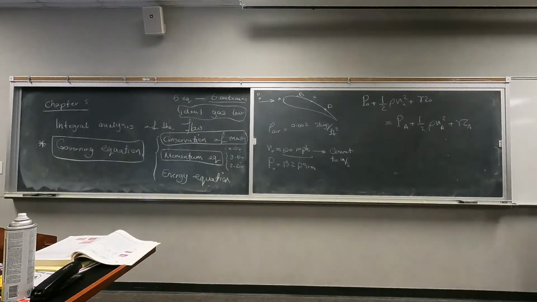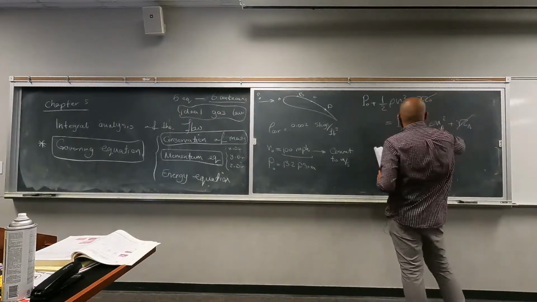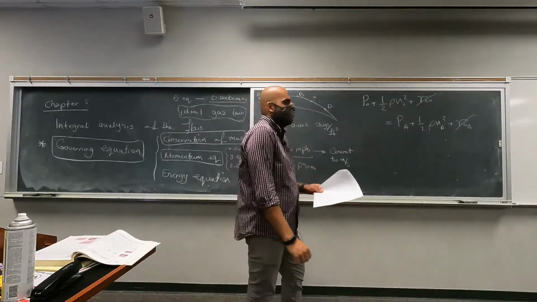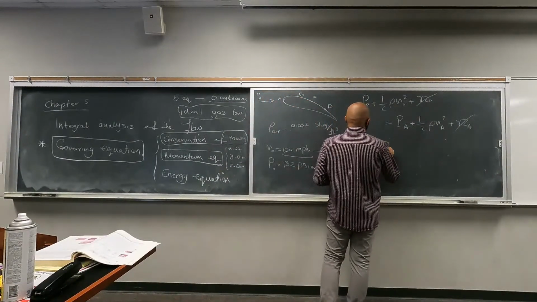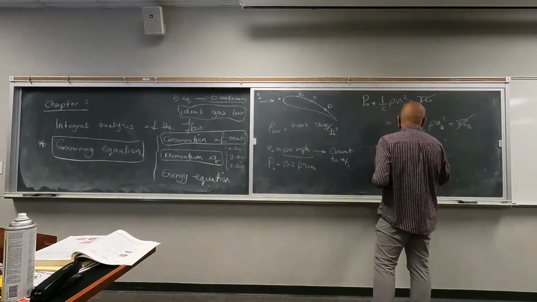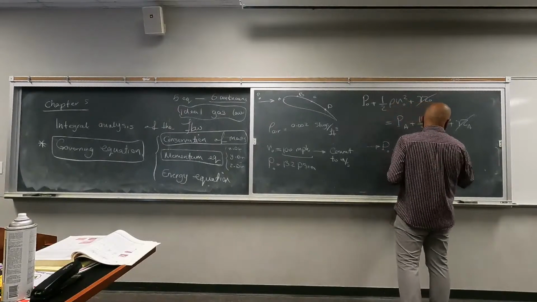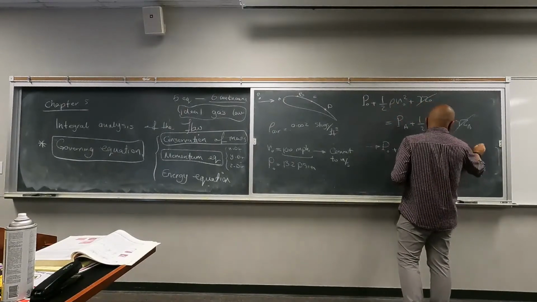We can safely assume that the elevation doesn't change. And you weren't given any information about the elevation, so that is what you need to do to solve the problem. So P naught plus 1/2 rho V naught squared equals PA plus 1/2 rho VA squared.